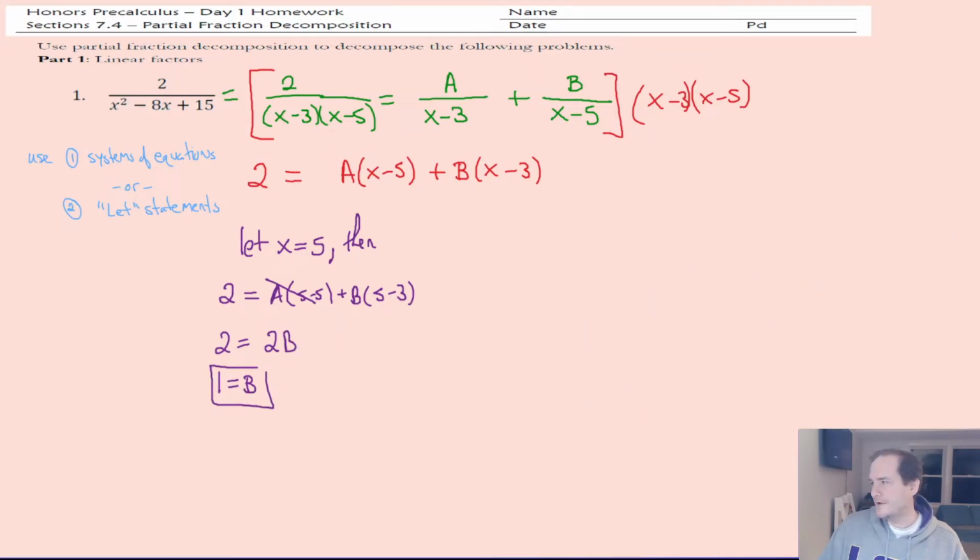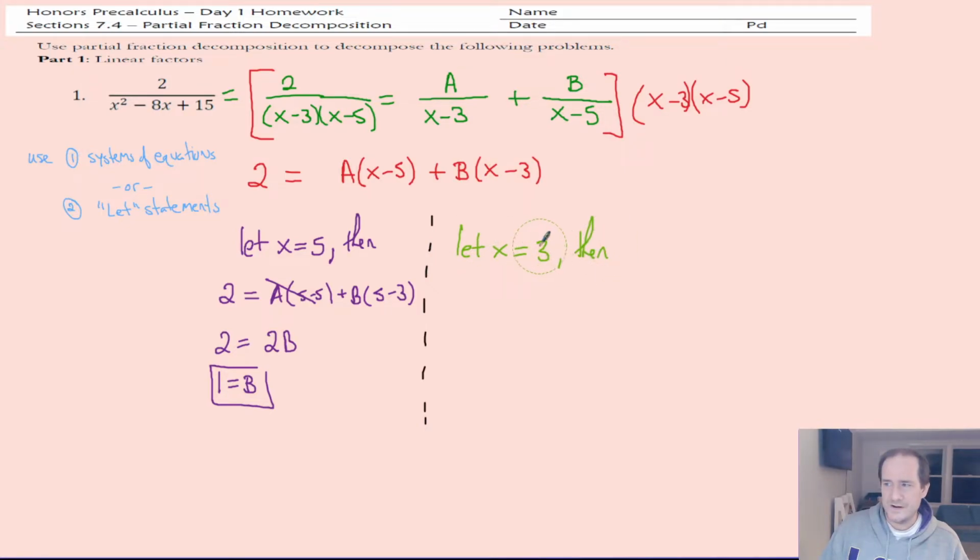Now, if you want to find the next one, you just write another let statement. But you write another let statement, and this time you let x equal whatever value would turn this b into a b that's getting multiplied by 0. So in this case 3.